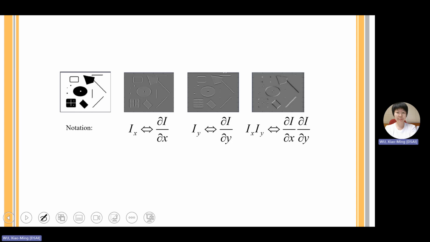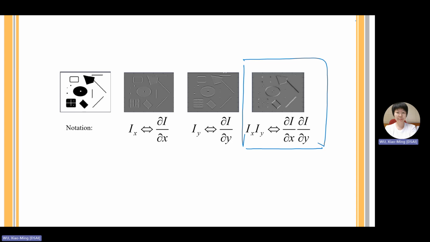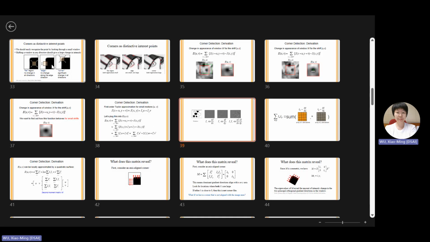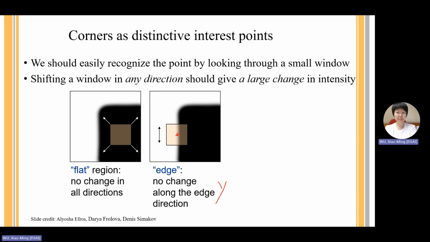So I would like you to observe this map. For an edge pixel, the y derivative Iy is 0.